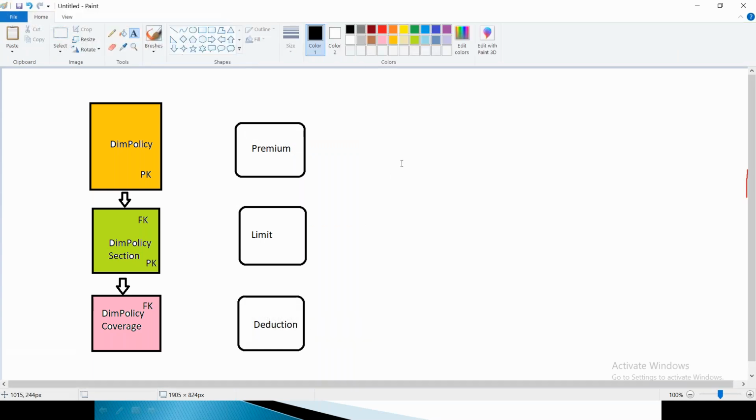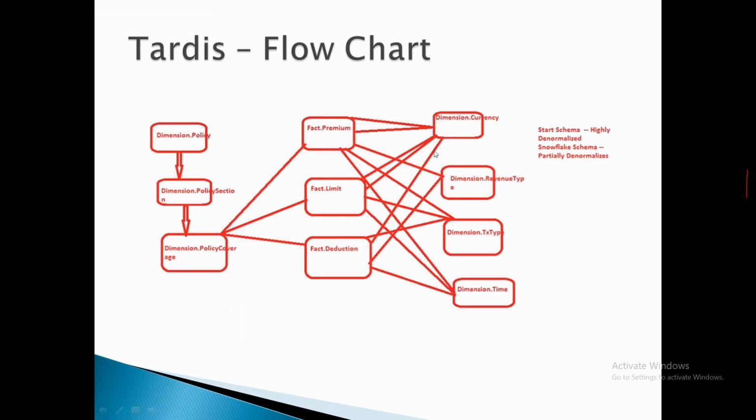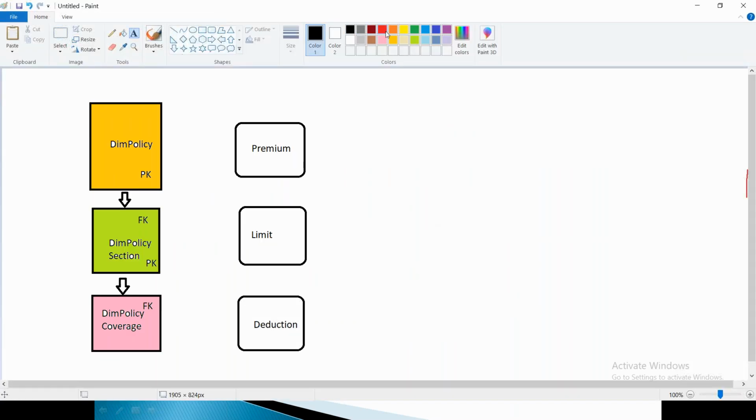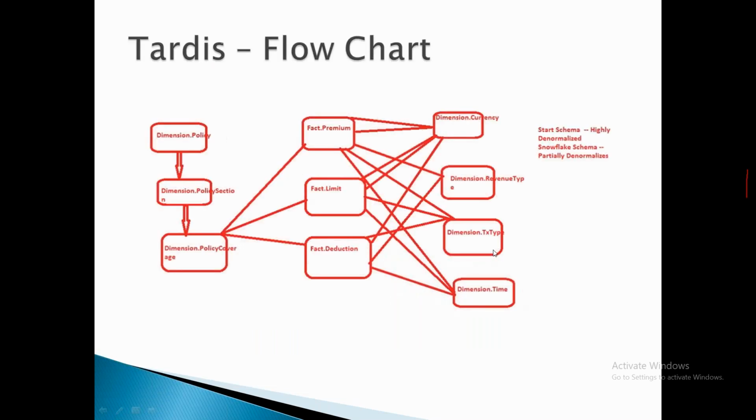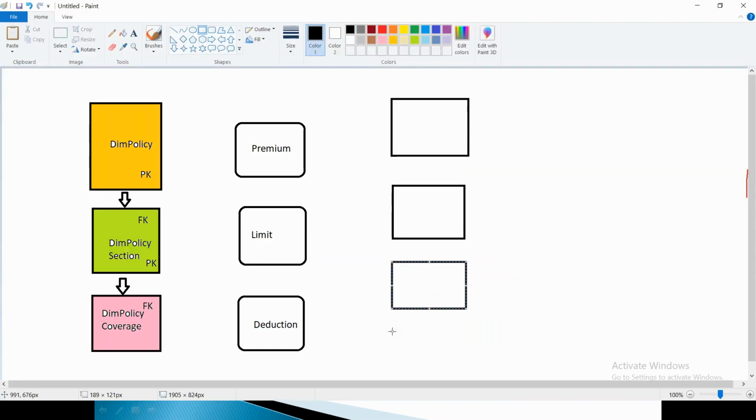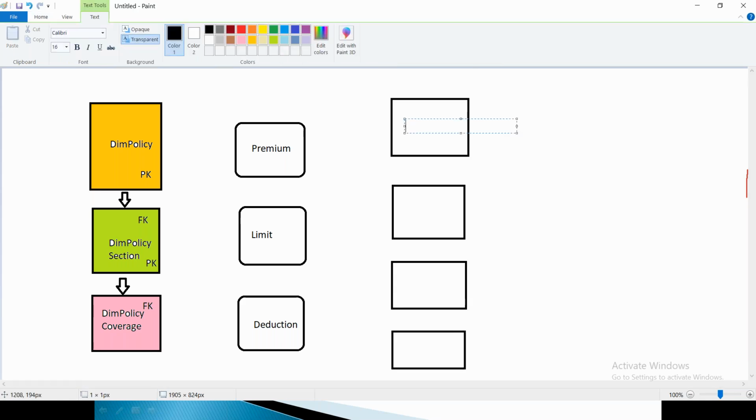And what are the dimension tables we have? Let us understand. Currency, revenue type. Then you have transaction type and dim time. Okay. So dim currency. The next one is revenue type.